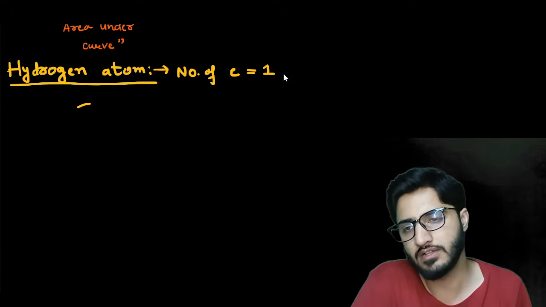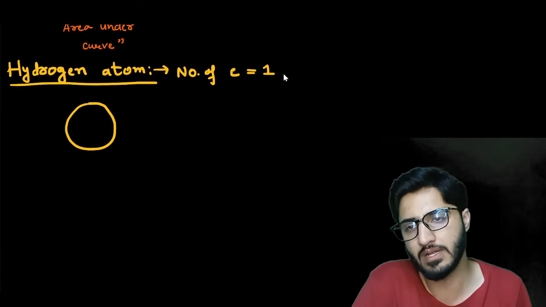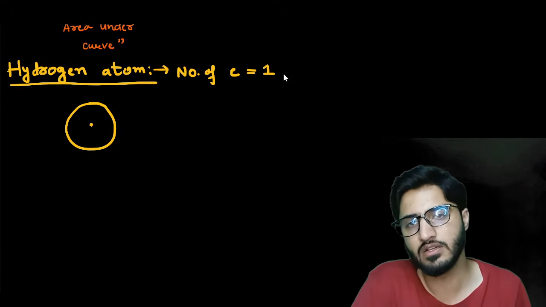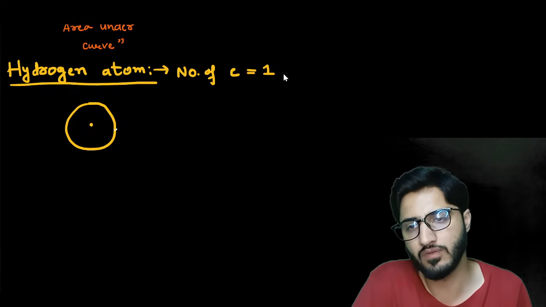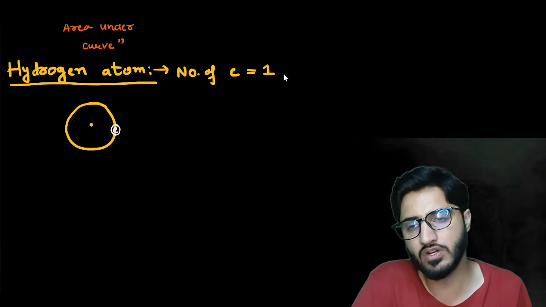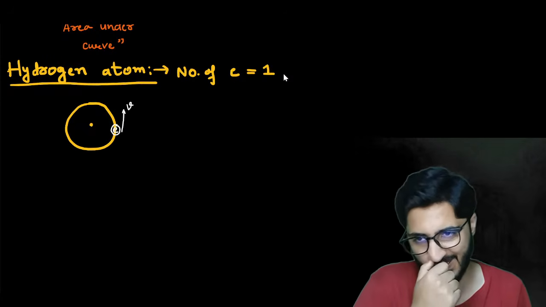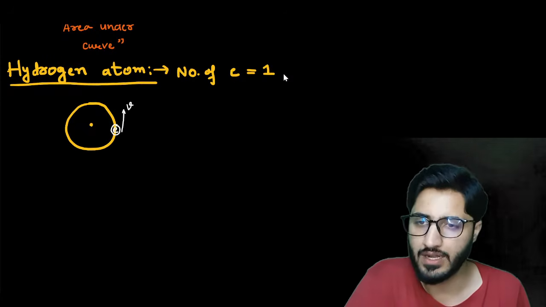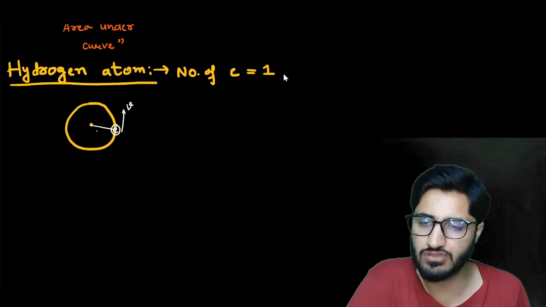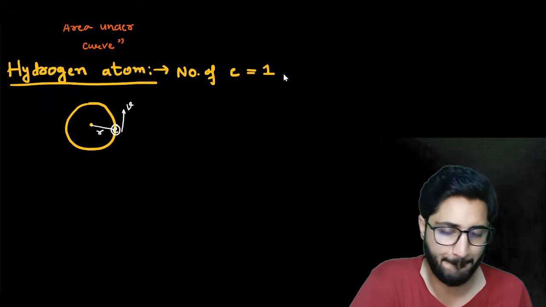So it would be spherical, not the Bohr atom like that. Here is the center, and here I will be having my electron. This electron is revolving around it with some speed v. The radius of this orbit would be r.